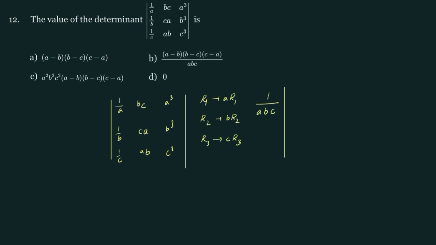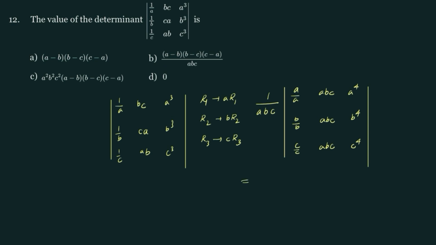So inside it will be A over A, ABC, and A to the power 4. Multiplying the second row by B, it will be B over B, ABC, B to the power 4. And the third row with C, it will be C over C, ABC, and C to the power 4.